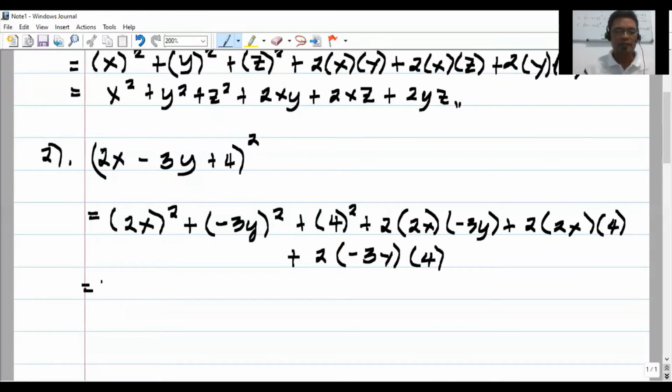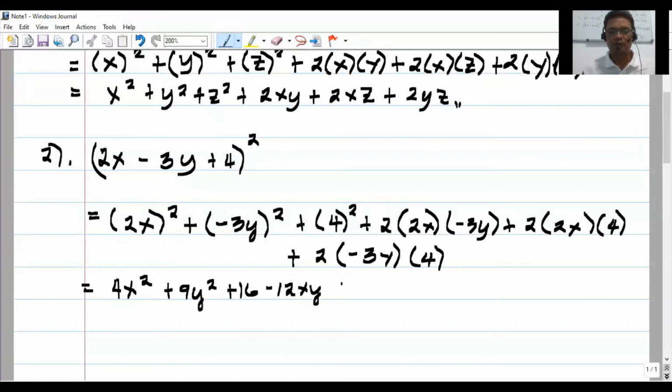So we finalize. The square of 2x is 4x squared. And the square of negative 3y is positive 9y squared. And square of 4 is 16. And then 2 times 2x times negative 3y is 4 times negative 3 is negative 12xy.